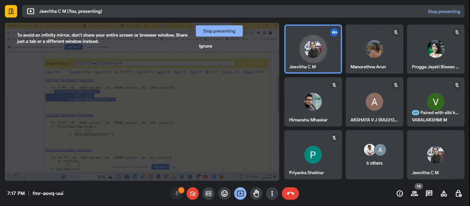In this case, we can't take these primers for our studies because they will give you a huge primer dimer, and your results will not be very accurate.